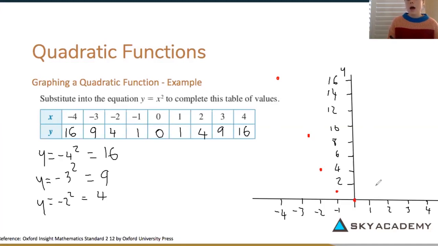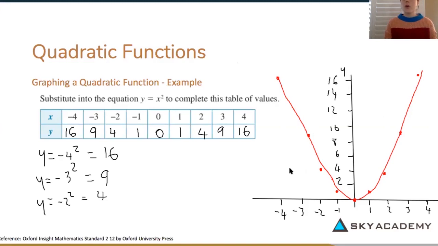And now we'll go up on this side, mirroring this quadrant. So 1 goes to 1. 2 goes to 4. 3 goes to 9. And 4 goes to 16. And now I'm just going to connect those dots. So it should make a symmetrical curve.